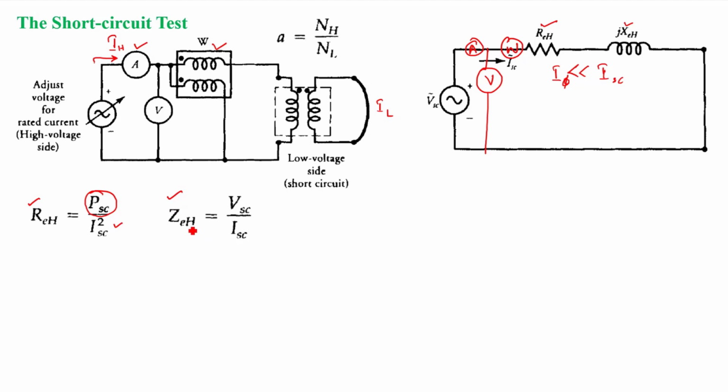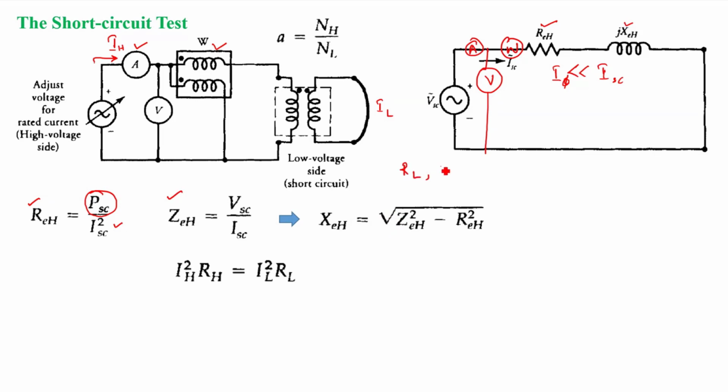Now from these two parameters I can find XEH. XEH will be nothing but the square root of ZEH square minus REH square. This is a series circuit, so very easily I can find XEH. Now the question is how to find RL and XL, RH and XH separately.